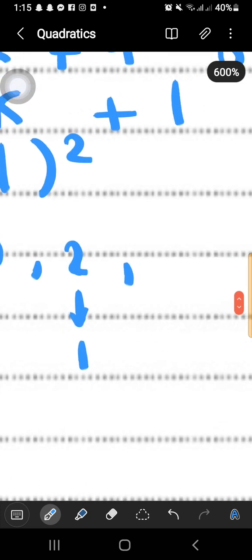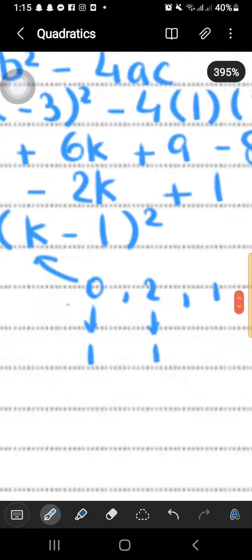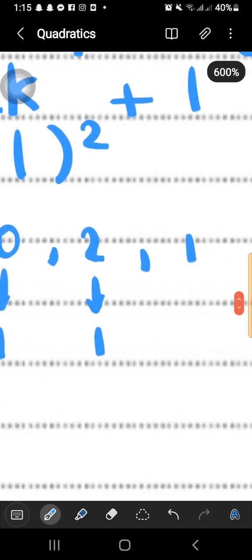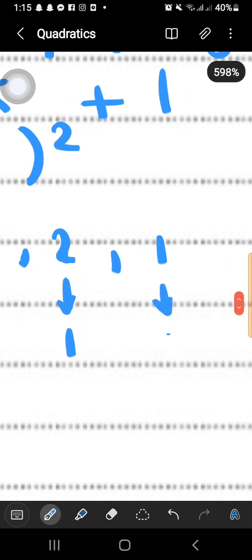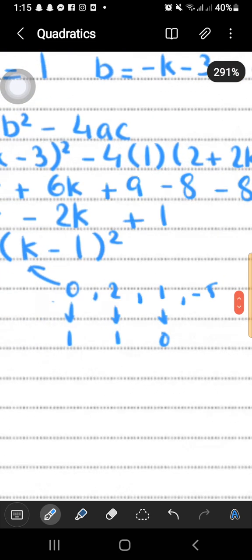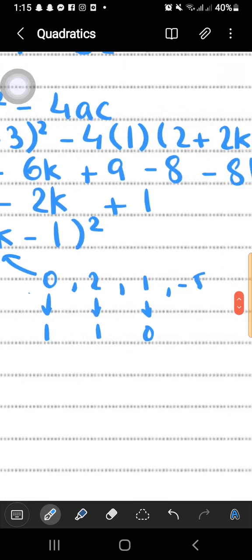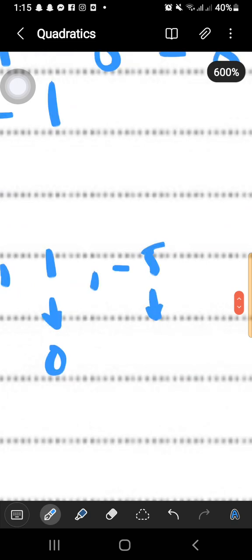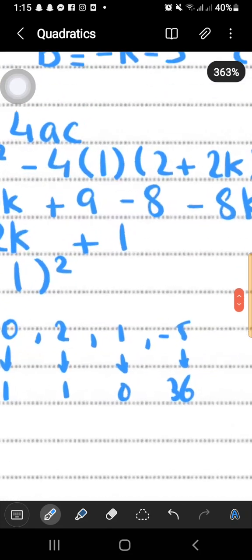If we insert 1 here, 1 minus 1 is 0, so it will become 0. If we insert negative 5 here, it will become negative 5 and negative 1, it becomes negative 6, and whole square means it will become 36. So it will always become a positive value.